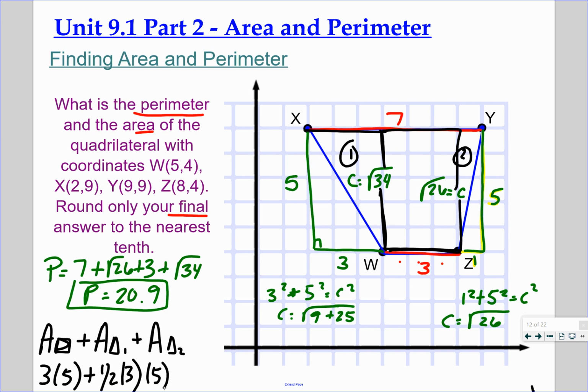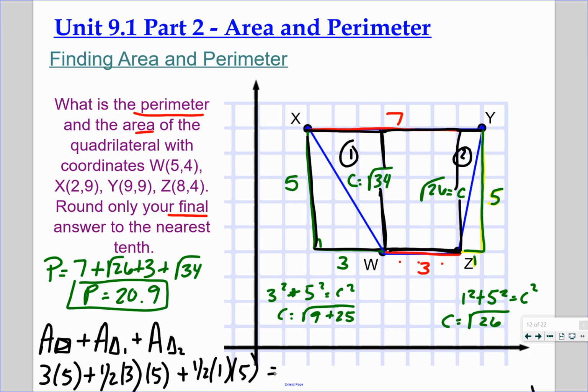Now, if you look closely, we already had 3 and 5 going on. So using this Pythagorean theorem method actually helps us. So plus the area of triangle 2, well, triangle 2 has a base of 1 and a height of 5. So this would be 1/2 times 1 times 5.